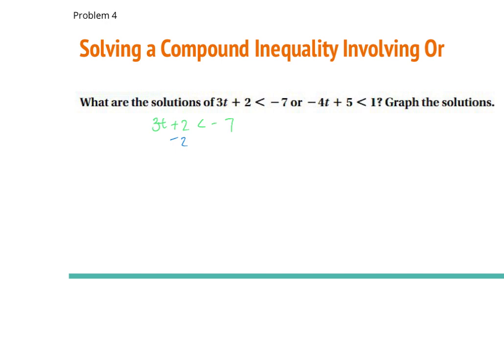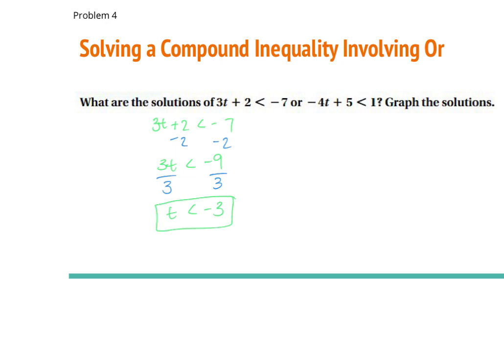We're going to subtract 2 from both sides. We're going to get 3t is less than -9. Then we're going to divide by 3, and we're going to get t is less than -3. That's the first one.